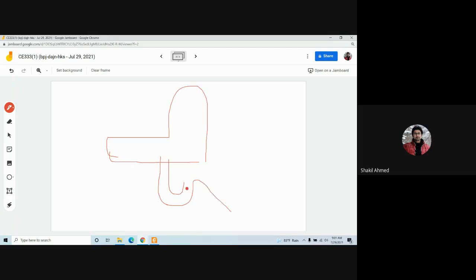Am I right? Yes, sir. Now the question is, why is this like this? Why not directly like this? Why not the green one? Why do you need this part?